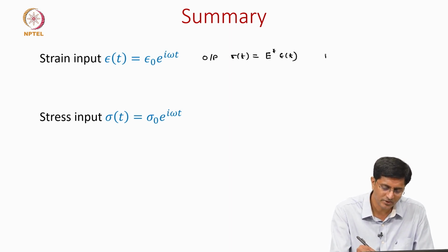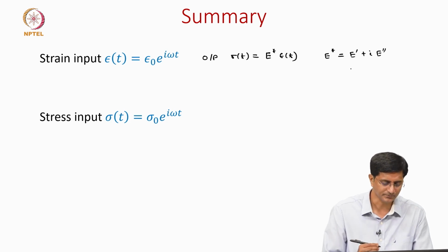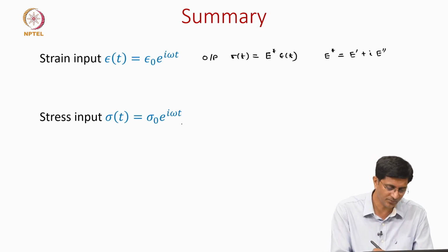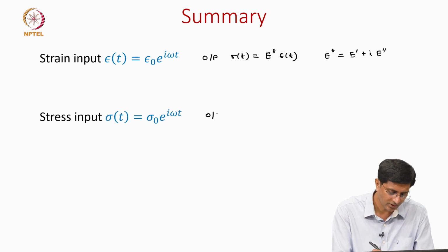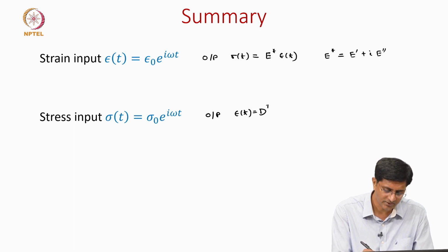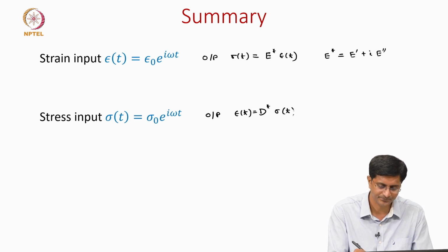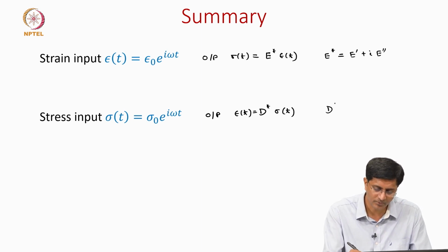We also mentioned that this complex modulus is written in terms of the storage modulus and the loss modulus. Similarly, for the stress input, we said the output is written in terms of complex compliance times the input stress, and this complex compliance we have written in terms of storage and loss compliance.